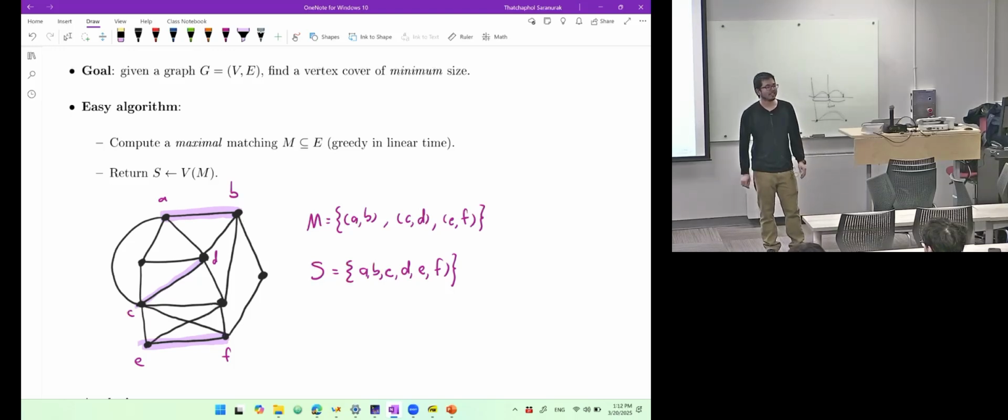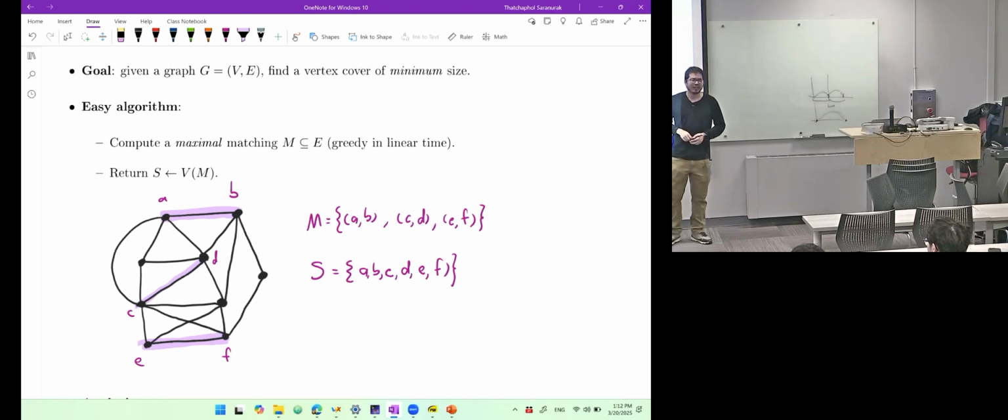Yeah, because if it didn't, we would just add that edge into our maximal matching. Exactly. If there is an edge not covered by this set, it means that you could have added that edge into the matching. But our matching was maximal, so that cannot happen. So it is a vertex cover.